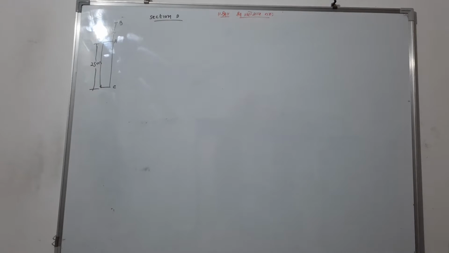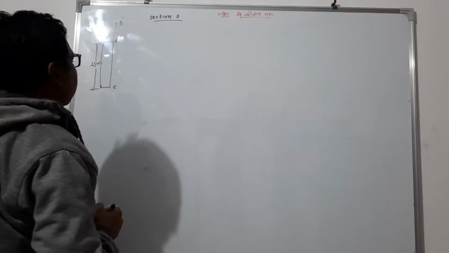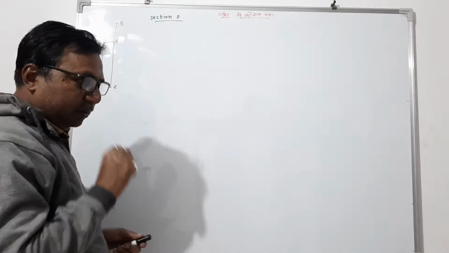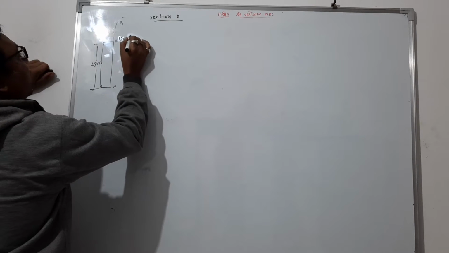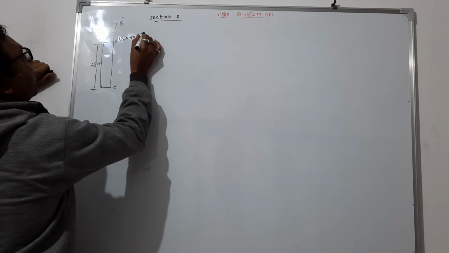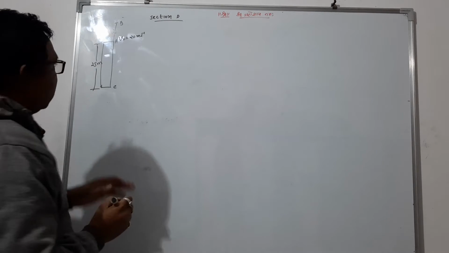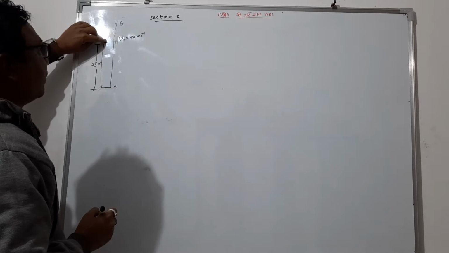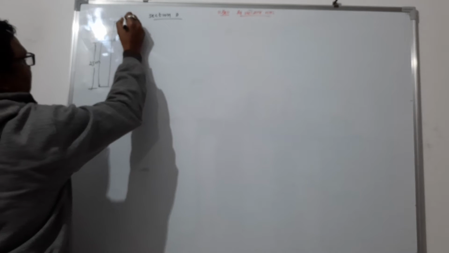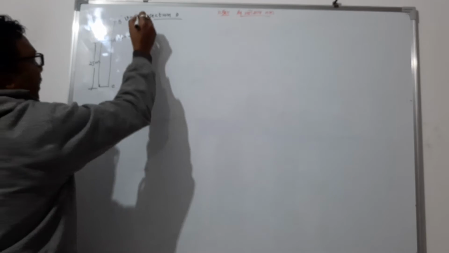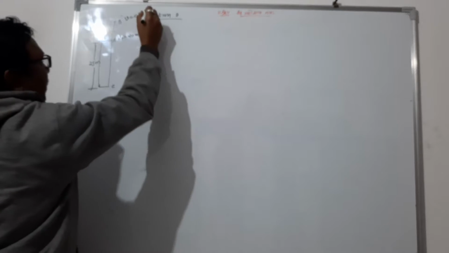Here we have a multi-storied building and it is 25 meters high, and I'm considering that the ball is thrown with 20 meter per second from the top of this building, so it will reach at h height, and here the final velocity is 0 meter per second.